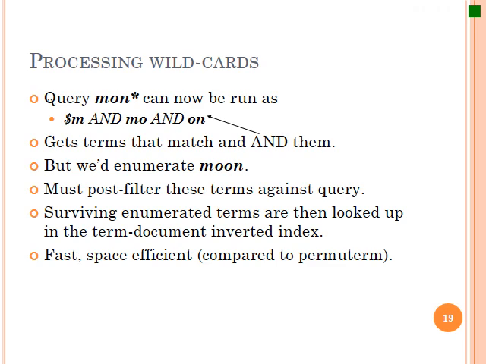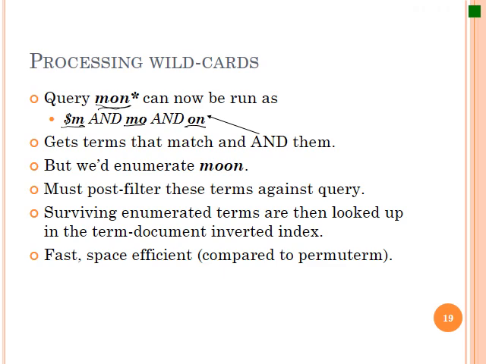Suppose that you have a prefix query MON star. What you can do is take the MON star and divide this MON into 3 different bigrams, which are the $M, MO, and ON.